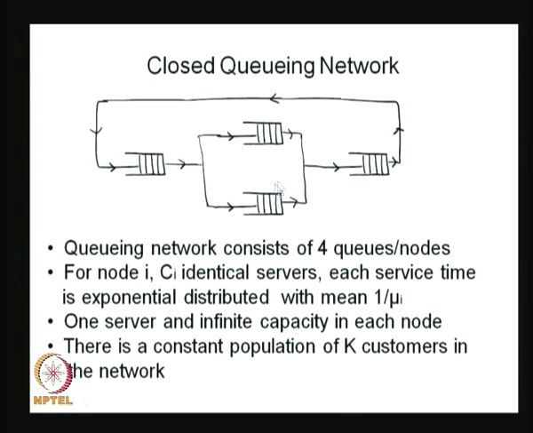In this example, I have 4 nodes, and you can have one server or more than one server, with infinite capacity queuing systems. And you make the assumption that the service time is exponentially distributed for each queue and all the servers are identical.